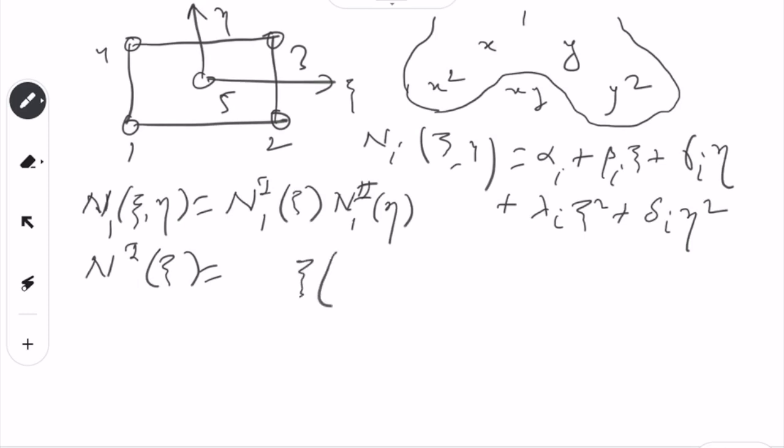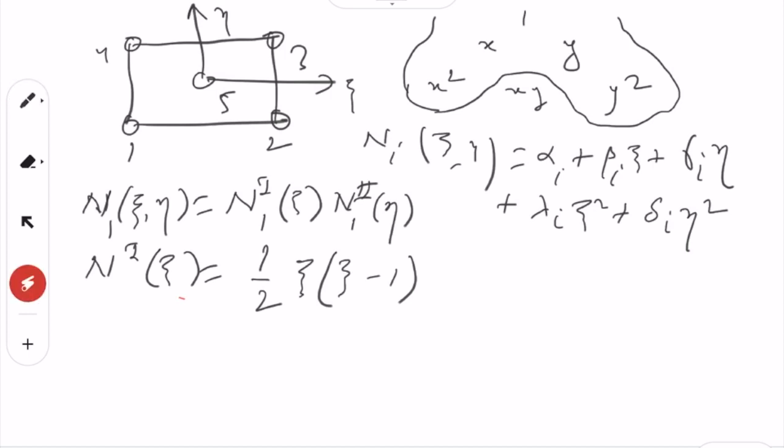So xi multiplied by xi minus 1. So this is xi equal to 0, xi equal to minus 1, let us say. And when you have xi equal to minus 1, like here, this has to be 1. So minus 1 and minus 1 minus 1, so you get 2, so you get half of this. So this is what you get.